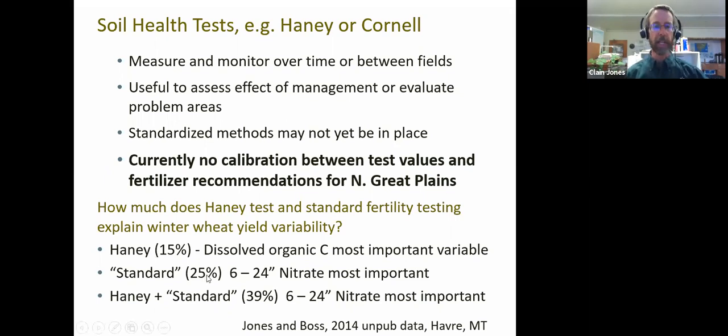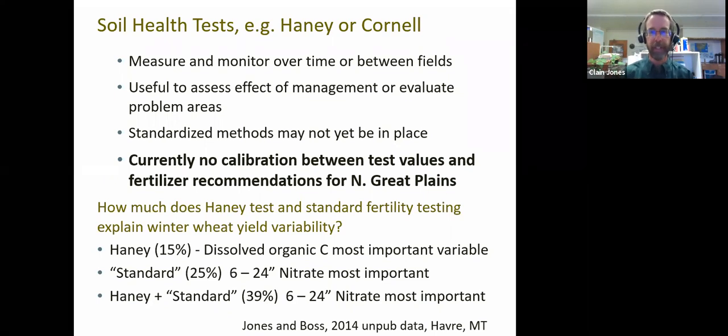When I looked at the standard test, it explained 25% of the variability, bigger than Haney, but not that much more. And there I found that the 6 to 24-inch nitrate level was the most important. When I combined the two, I found that that explained about 40% of the variability. So perhaps the best future soil tests might be a combination of these more conventional standard tests and these newer soil health tests.